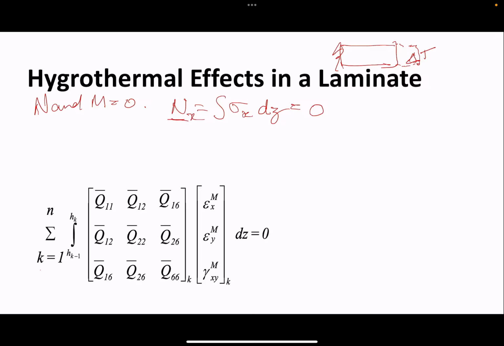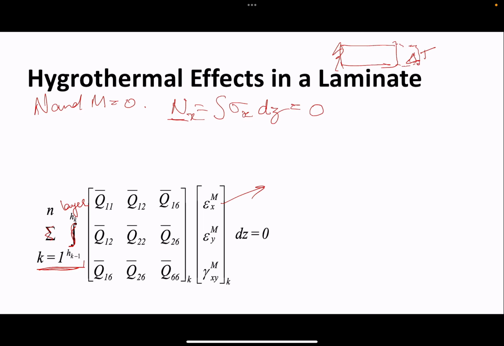So that's what we have here. If you rewrite it layer by layer, you separate the integral into an integral for each layer. You sum it across all layers, right? So this multiplied by dz equals 0.